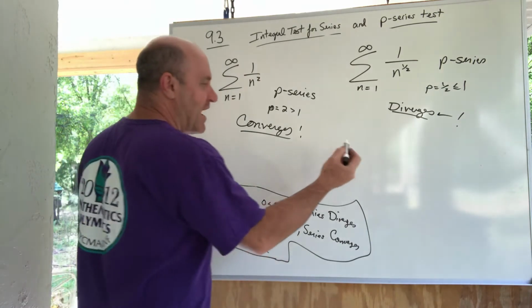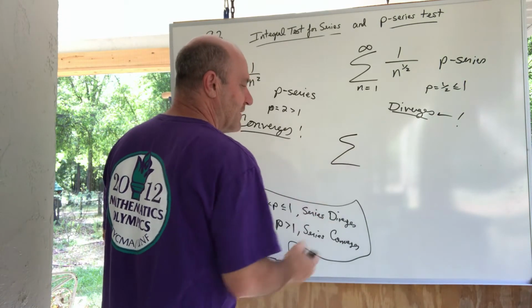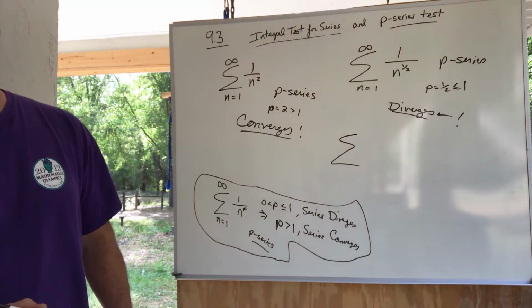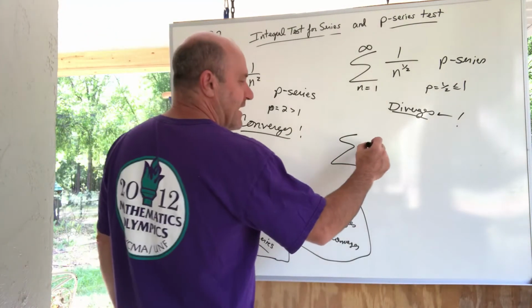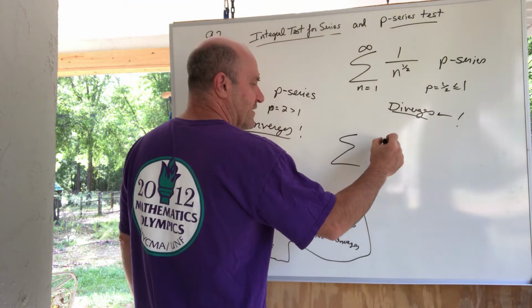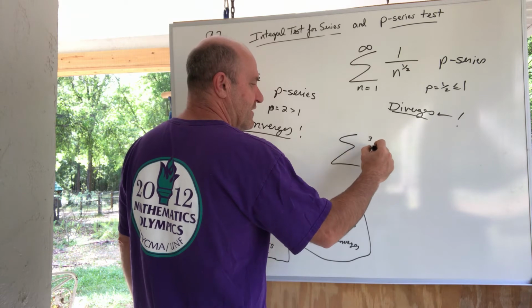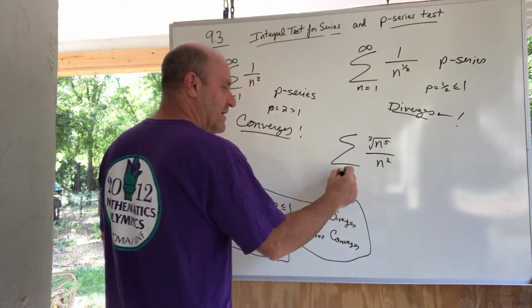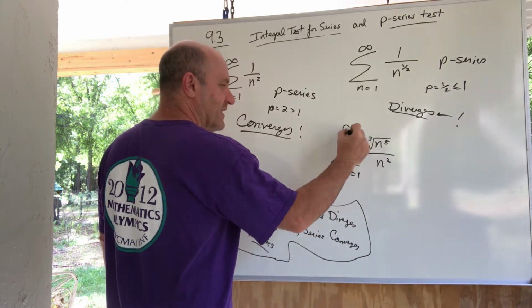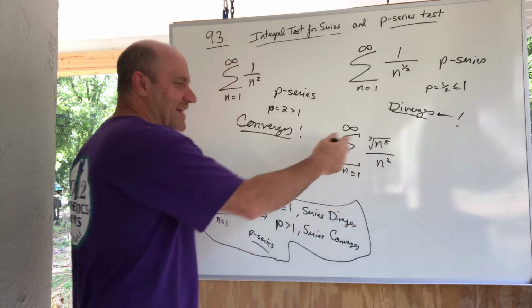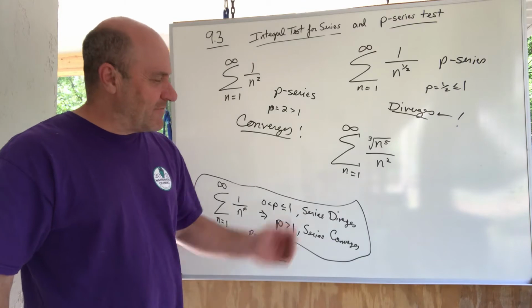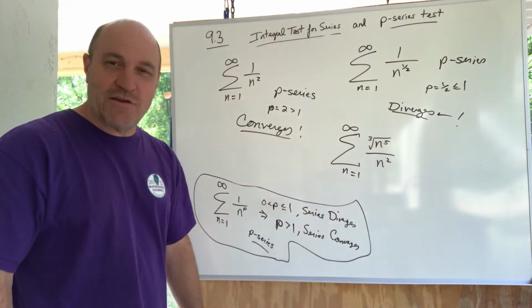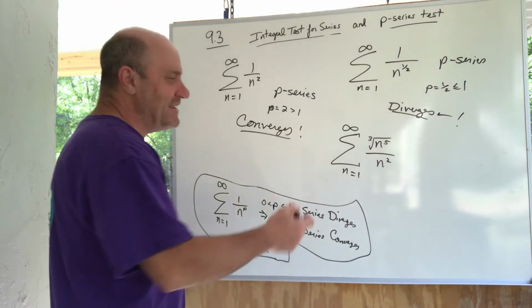How can you make it more complicated? You can make it a little more complicated. Here's one. The cube root of n to the 5th over n squared as n goes from 1 to infinity. So maybe you can tell, that looks like a mess, and right now maybe it doesn't look like a p-series, but if you do a little algebra, it is a p-series.